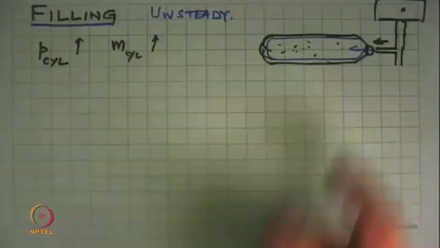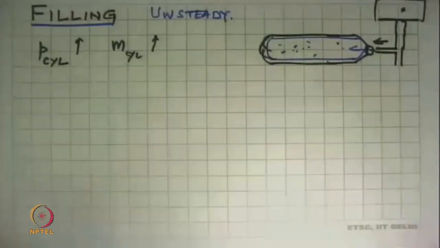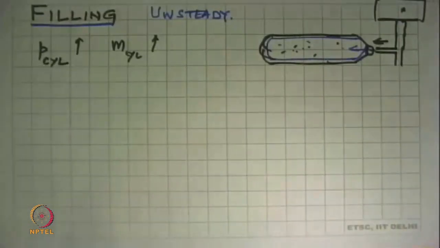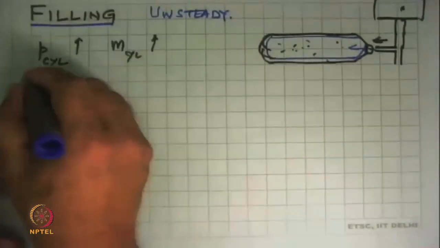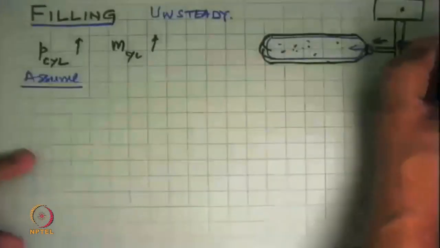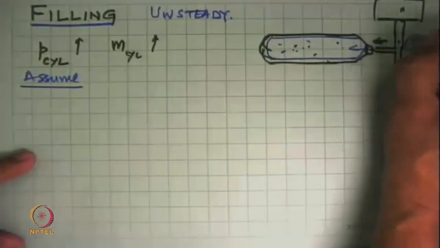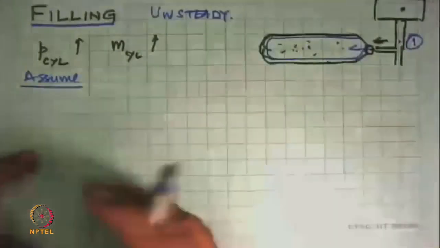So we apply the first law. We have derived a very long equation, and we make various assumptions on that. We say that the state at which it is coming in is fixed and constant. This is state 1, and the state here keeps gradually changing.